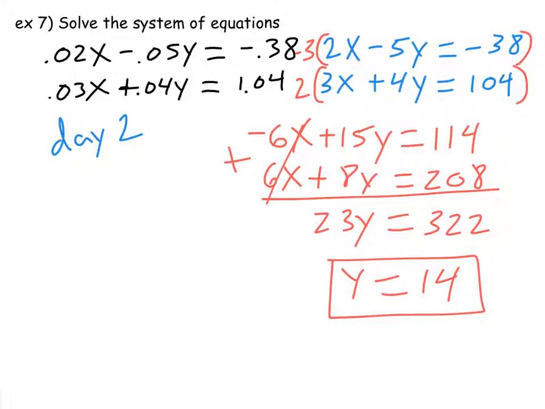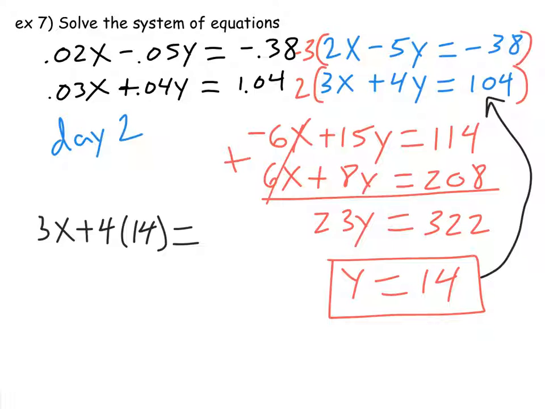Let's go back to here. We go back to one of these two original equations, now equipped with some valuable information in terms of solving, which is that y we know is 14, and that's a game changer.